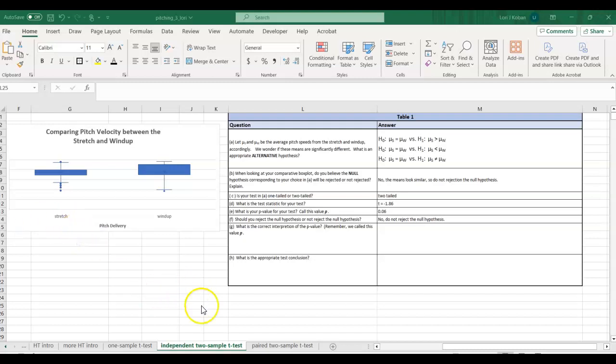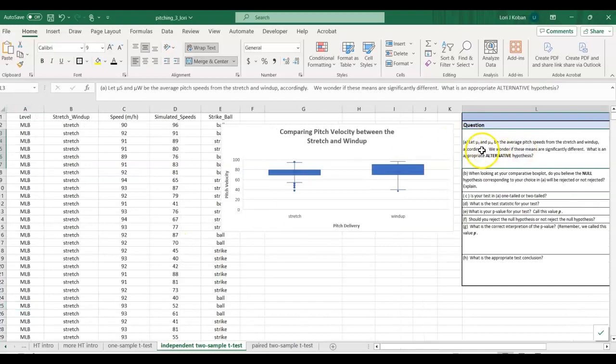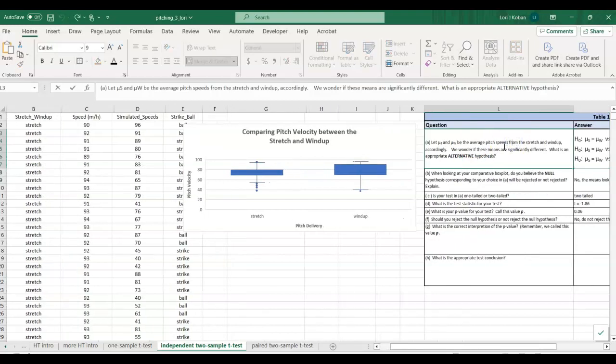We are going to now look at comparing two samples, and we see here a difference between independent and paired. In this example, we are saying let mu sub s and mu sub w be the average pitch speeds from the stretch and the windup.